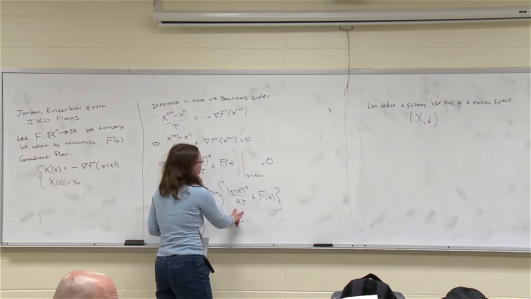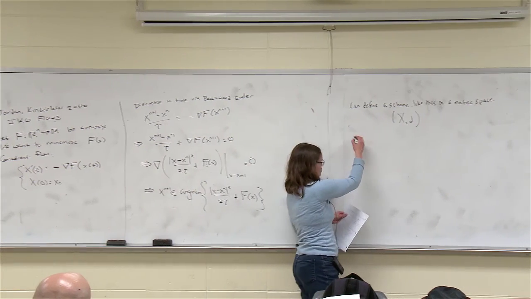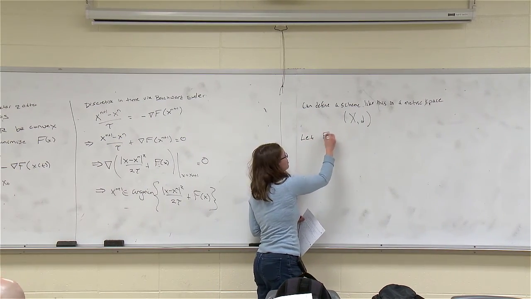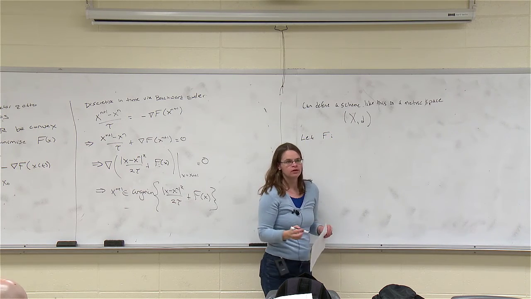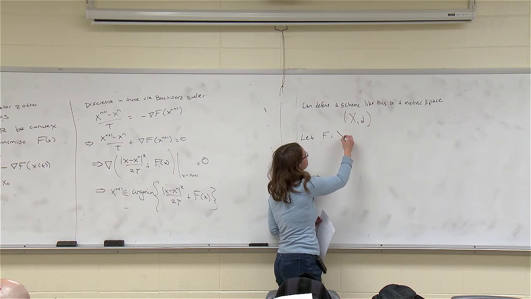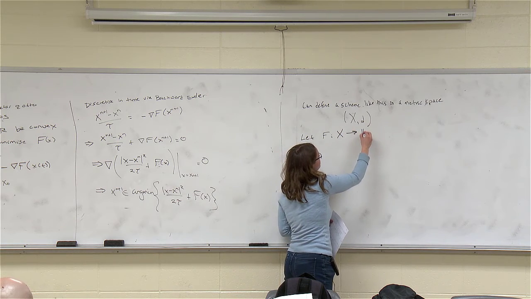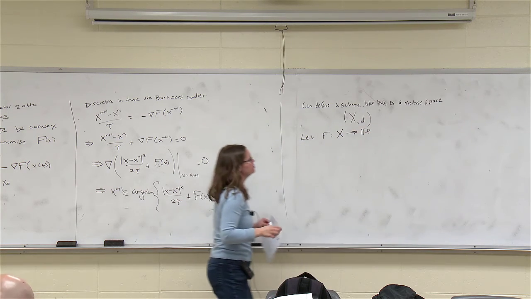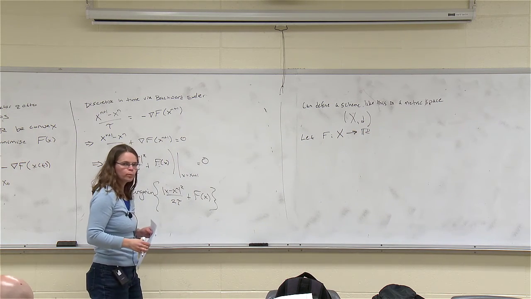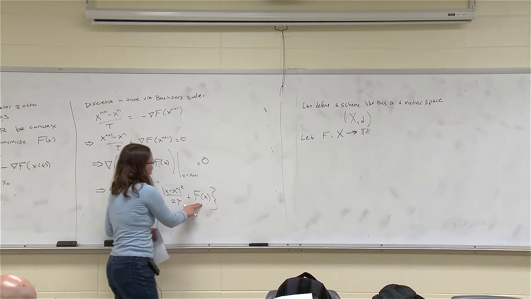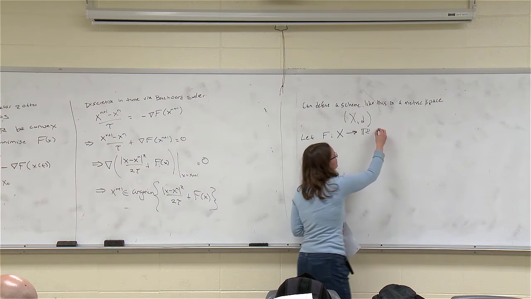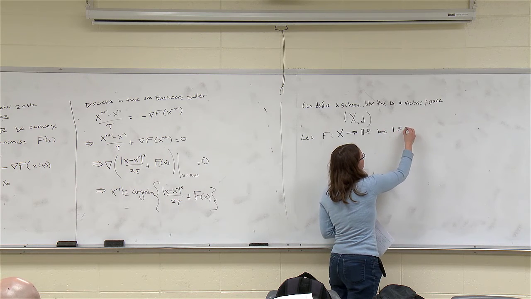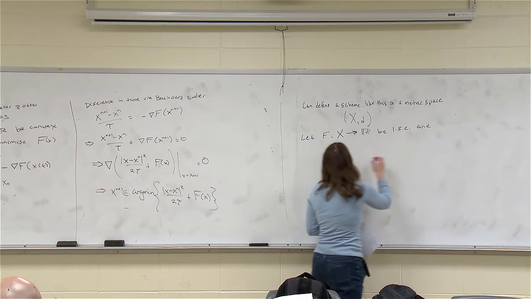Okay, I want this scheme to make sense. So let's see what needs to be true about f. F is going to be a function on the metric space, real valued. I want to be able to find minimizers, so I need this to be lower semi-continuous and bounded below.